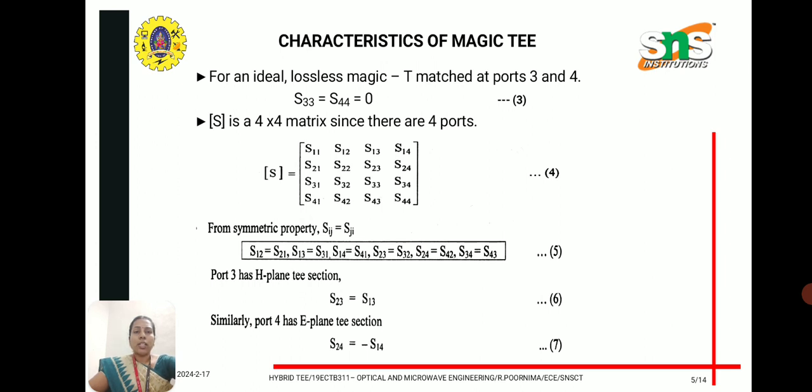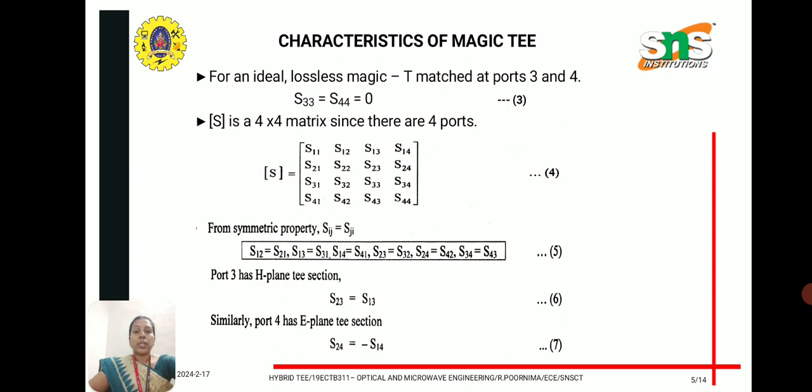For an ideal lossless magic T matched at ports 3 and 4, we are applying the zero property. So the diagonal elements of port 3 and port 4, S33 and S44, are 0. Since it has 4 ports, we are applying a 4 cross 4 matrix from S11 to S44.